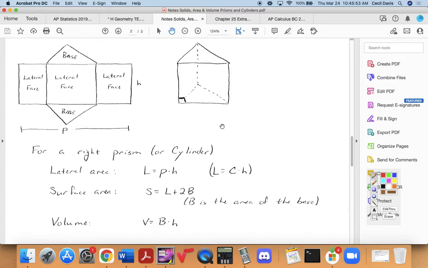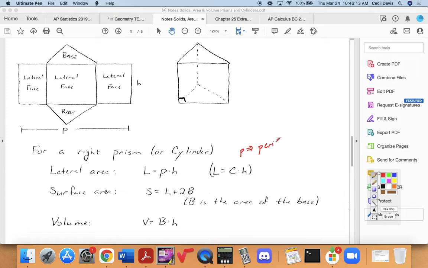So for a right prism or for a cylinder, these are the three formulas that you'll need to know. The lateral area is the perimeter of the base times the height. So let's write that P stands for perimeter of the base. So the first thing you're going to have to do is decide, well, which of the faces is a base?